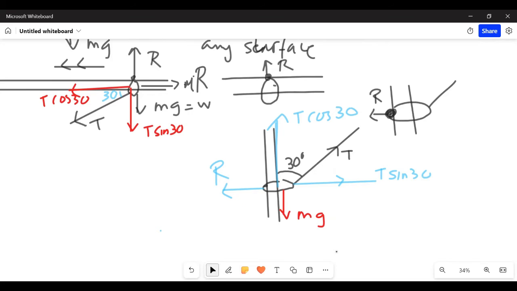According to the direction of the tension, we can tell that the rod would move upwards when it moves. So that means friction is going to be opposite. So there's also a mu R in this direction. Now again, accordingly, you'll be using forward force minus backward force equals ma.